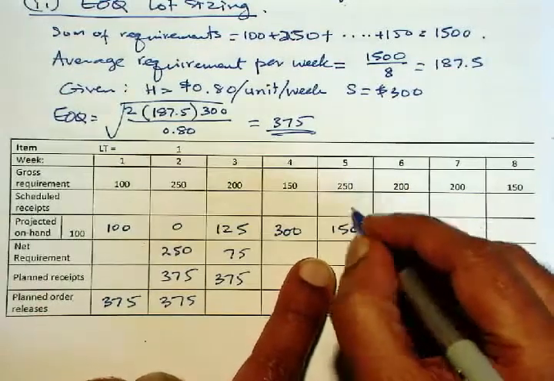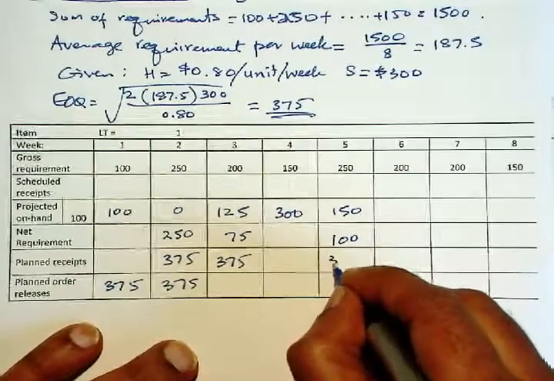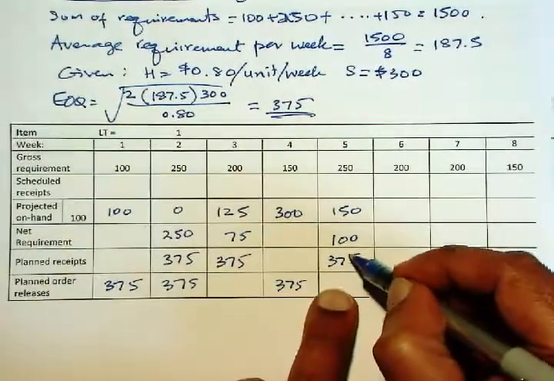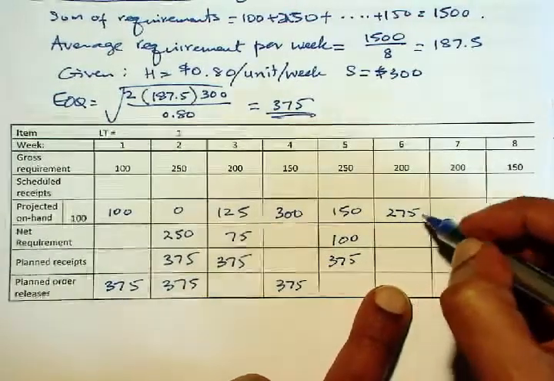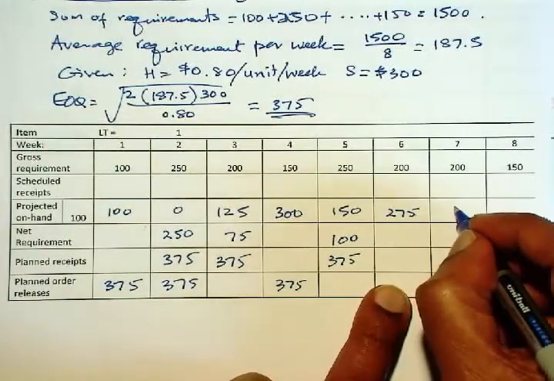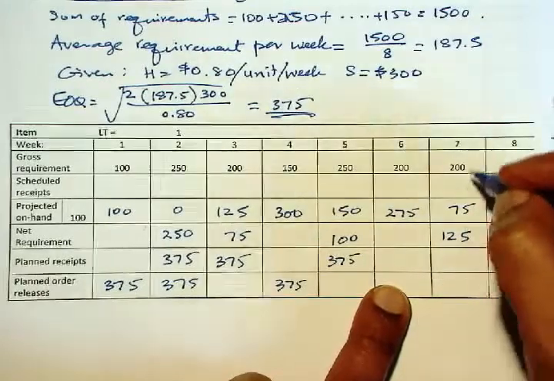And now we have a net requirement of 100. So we order 375. Now 375 minus 100 will give you 275, and once again 275 is good for 200, and that will leave us with 75. So we have 125 as the net requirement.